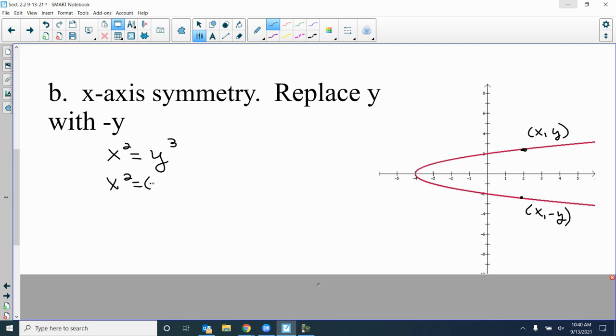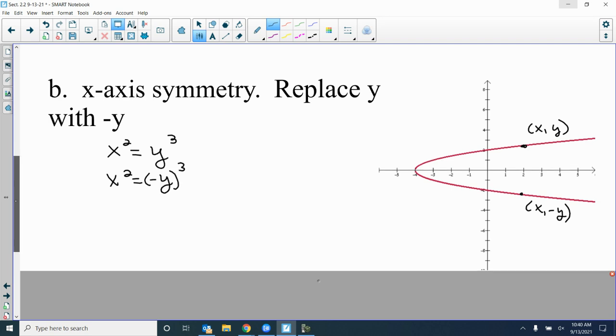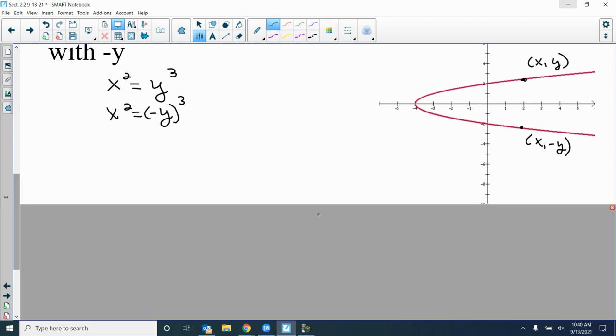We get x squared equals negative y to the third. Simplify that. Is negative y to the third going to become positive or stay negative? It's got to stay negative. So this is x squared equals negative y to the third. Is that the original equation? No. So what does that mean? It means there is no x-axis symmetry.